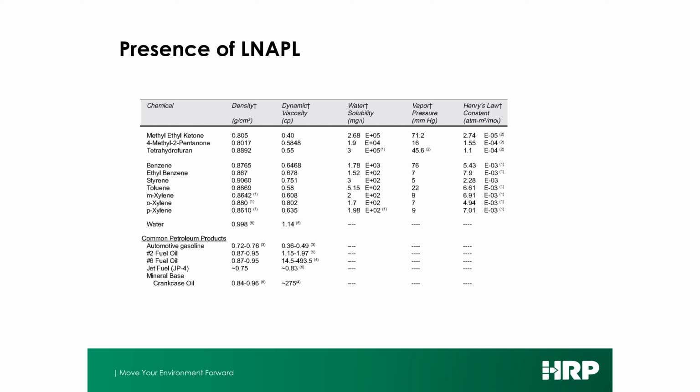You'll add that to the groundwater elevation that you measured, and that will give you a comparative elevation where the groundwater would have been if the LNAPL were not present. And then you can use that well to help do your contouring.